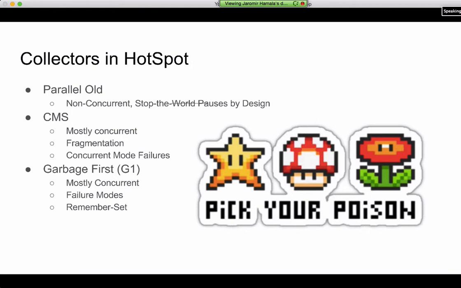Then we have this famous Garbage First G1 collector, which is again mostly concurrent, but again there are some failure modes when it's not keeping up. Also the G1 garbage collector is trying to be clever, so it will split your heap into regions, and then it will try to garbage collect each region separately, not in one go, in order to make the pauses bearable.